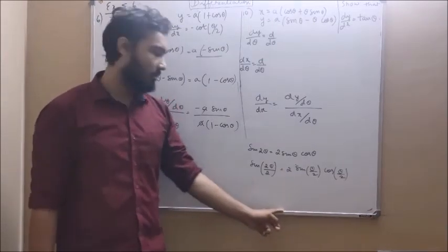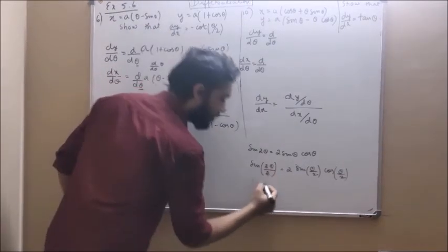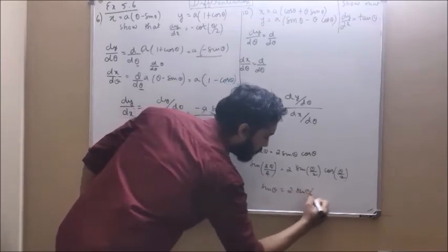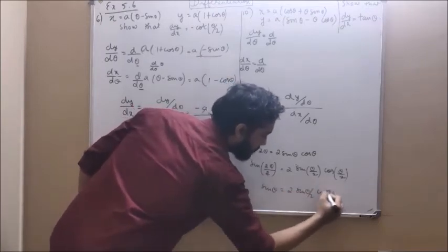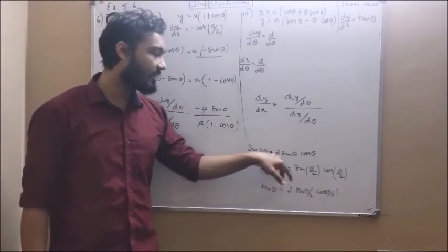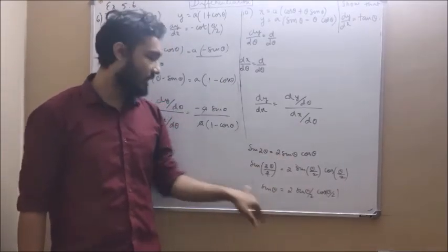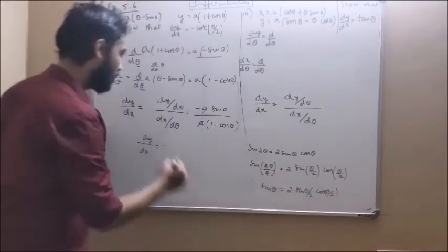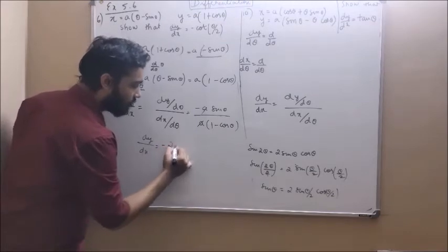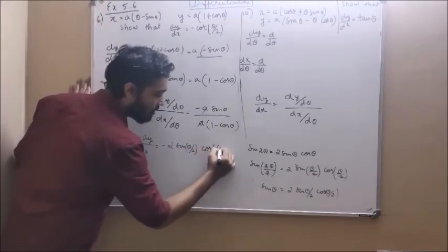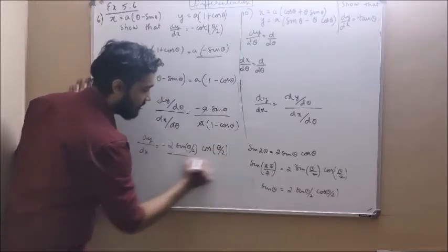We'll divide the angle, so 2 and 2 will cancel. So what we get? Sin theta is nothing but 2 sin theta by 2 cos theta by 2. We divide the angle by 2 and get this formula. So sin theta can be written as 2 sin theta by 2 cos theta by 2. So write this as minus 2 sin theta by 2 cos theta by 2 divided by.